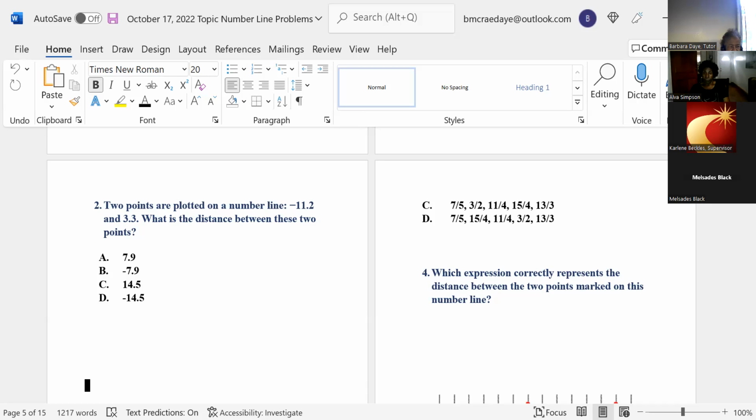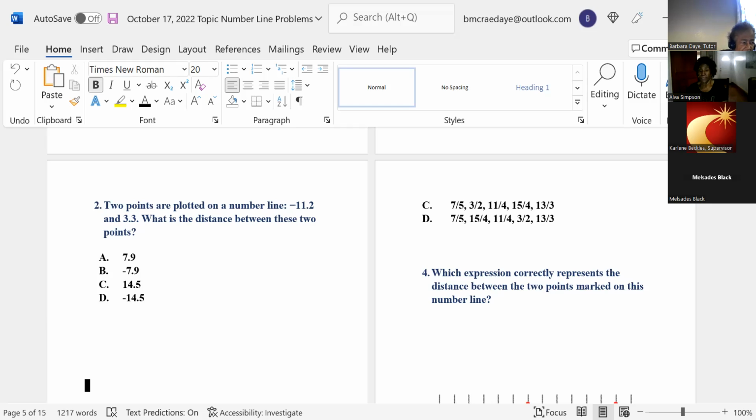B. Distance does not have a sign. That means you can eliminate which choices, Alva? B and D. That's right. Very good.